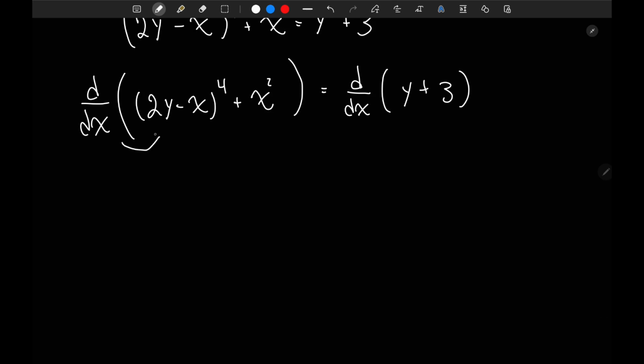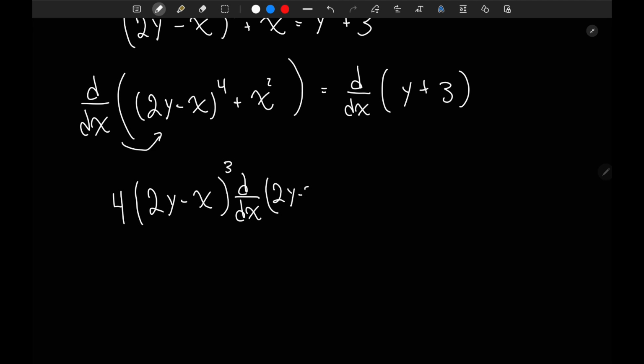So here, this is going to be our first chain rule. So what we're going to do is we bring the exponent down front where we have 4. We keep what's inside, 2y minus x. We minus 1 from the exponent, so we're going to be left with 3. And then we're going to take the derivative of what's inside with respect to x.